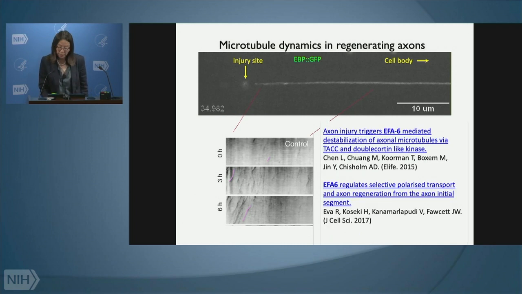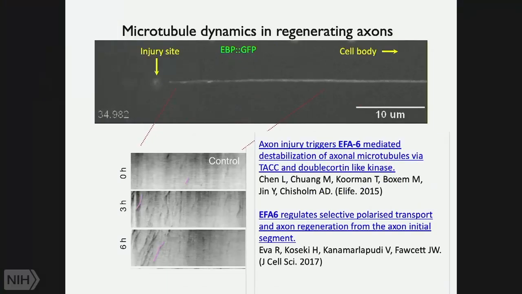Additionally, we identified a molecule we call EFA6, a microtubule destabilizing factor that, in response to injury, translocates to the microtubule minus end and triggers microtubule destabilization, working together with two conserved proteins called TACC and doublecortin kinase.